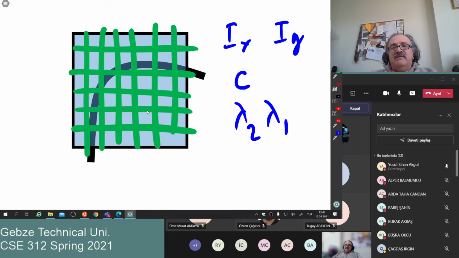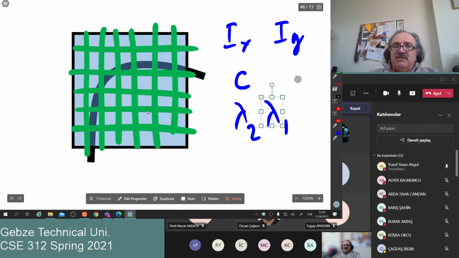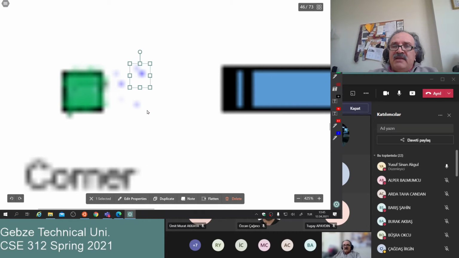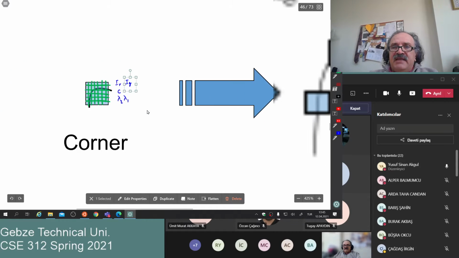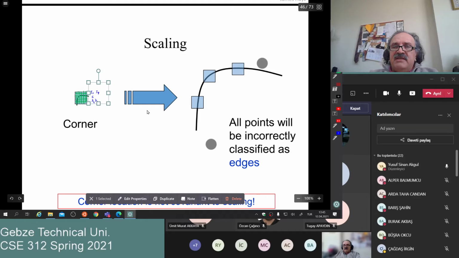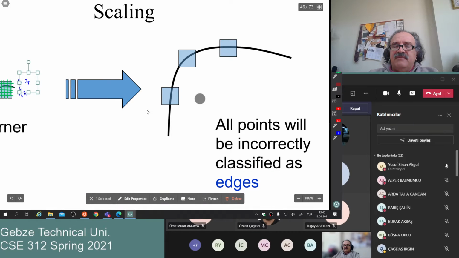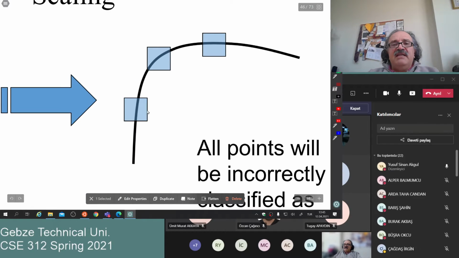Okay, I know that. But if I make this corner larger, if I scale it up, let's say my corner is now like this. Okay, it's the same corner, only I scaled it up.